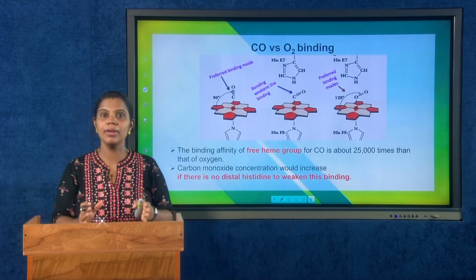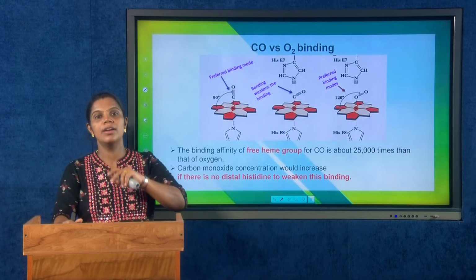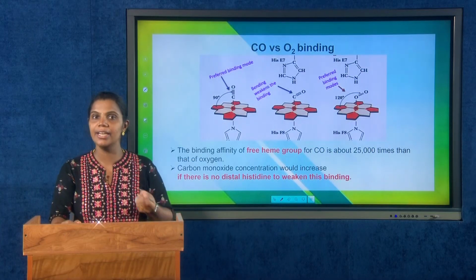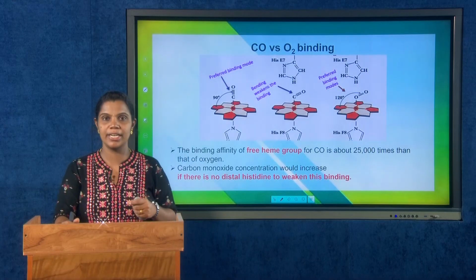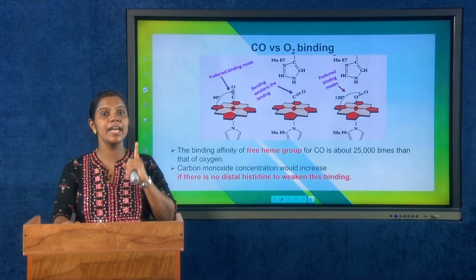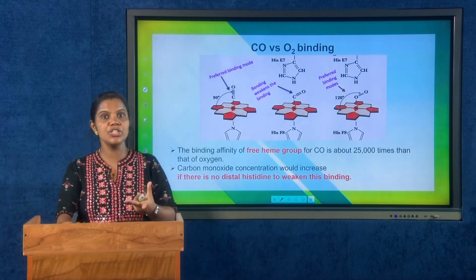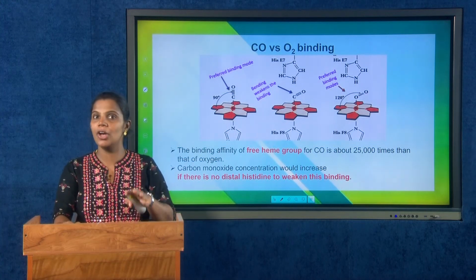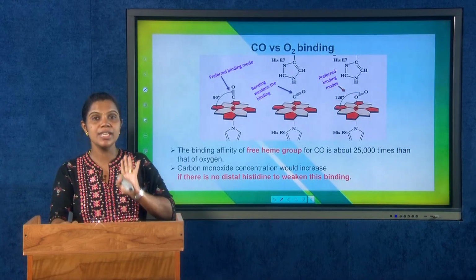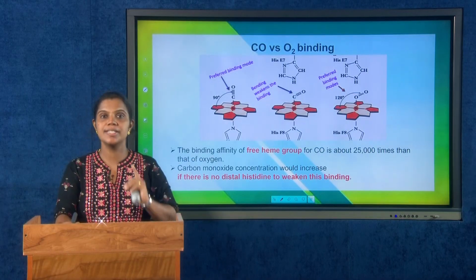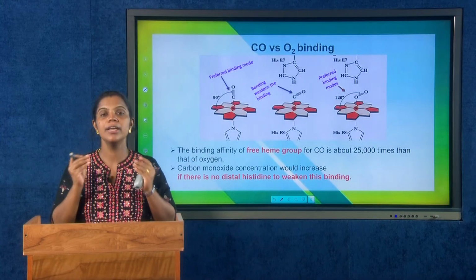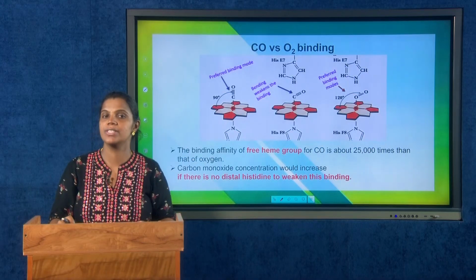So, the binding affinity of the free heme group is actually very high for carbon monoxide; that is, the free heme group will bind very tightly and easily with carbon monoxide. But the presence of distal histidine in myoglobin will aid the oxygenation, because the steric hindrance provided by the distal histidine will block the linkage of carbon monoxide.